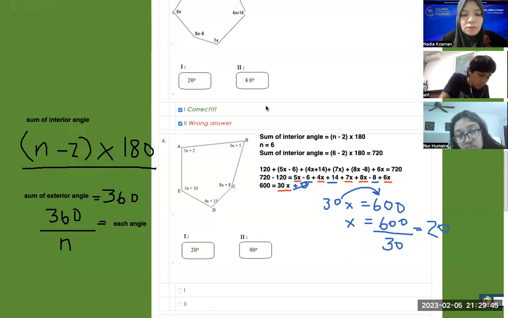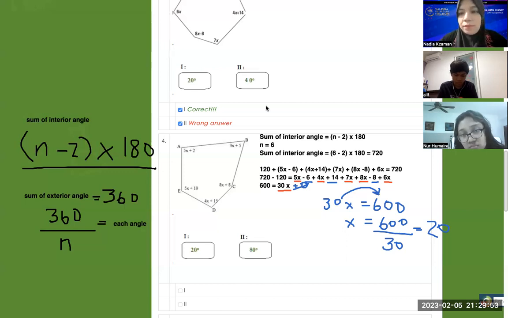So sum of interior angle equal to 540. So we have 5 minus 2 times 180. So you get 540. Okay, the next one, what you need to do is you have to add on all that you have.